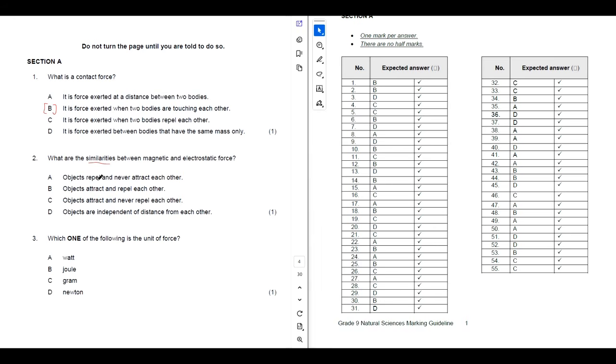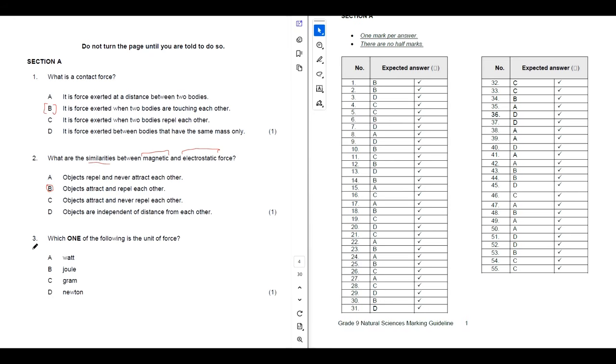By the word similarities, they are referring to what is the same between the two kinds of forces, which are magnetic and electrostatic. What is similar is that objects attract and repel each other, so the correct answer is B.